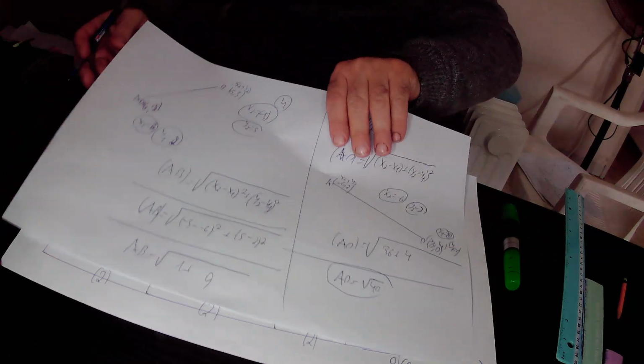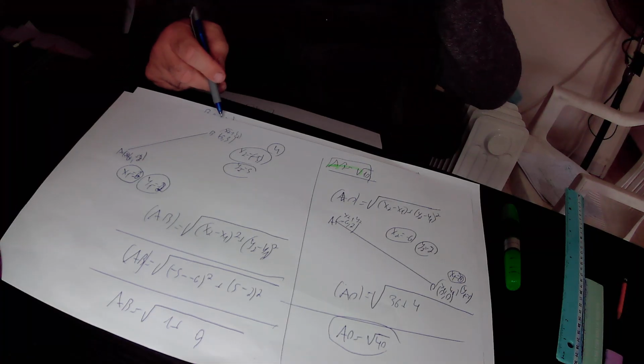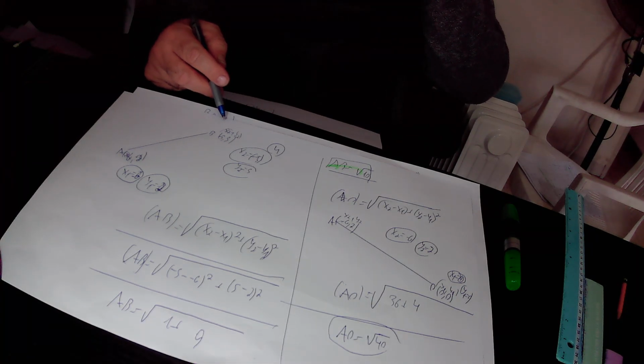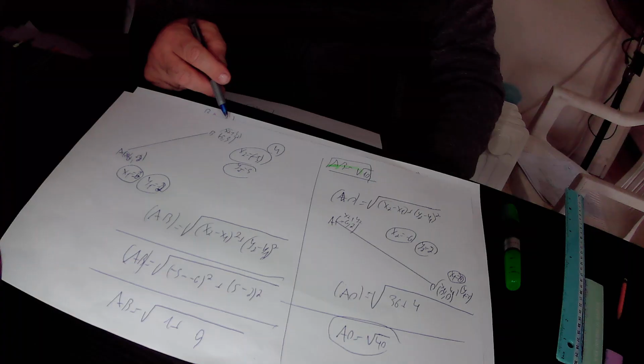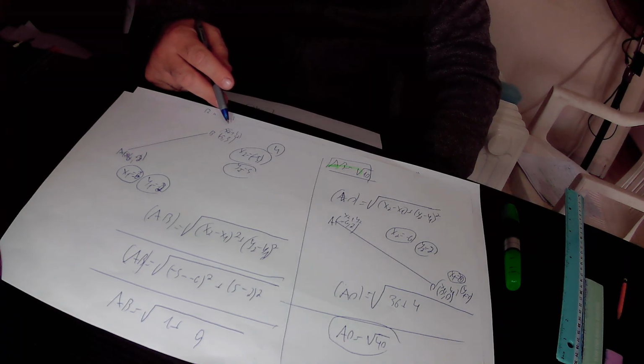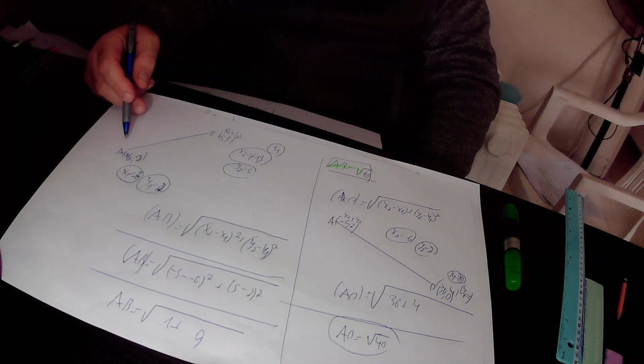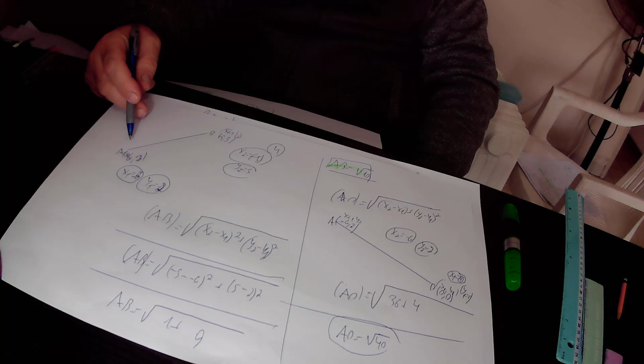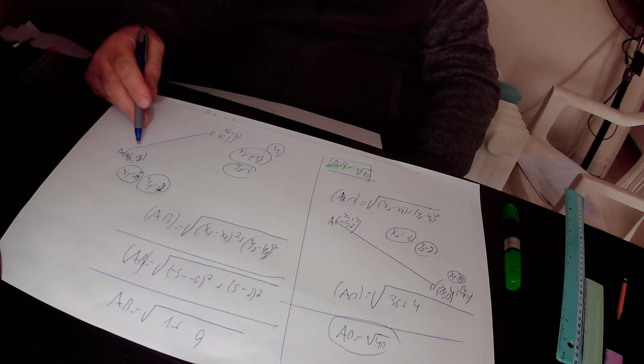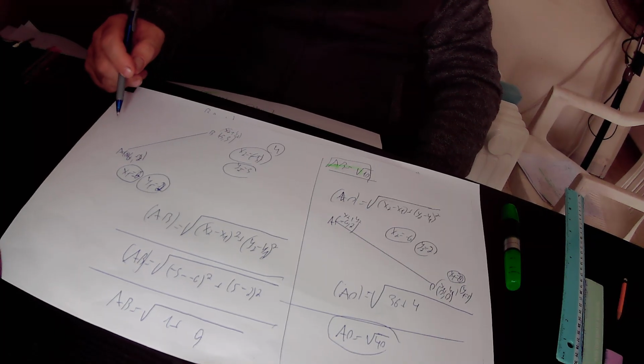So we define the x coordinate of point B as x2, and the y coordinate of point B, which is 5, as y2. Likewise, we define the x coordinate of point A, which is minus 6, as x1, and the y coordinate of point A, which is 2, as y1.